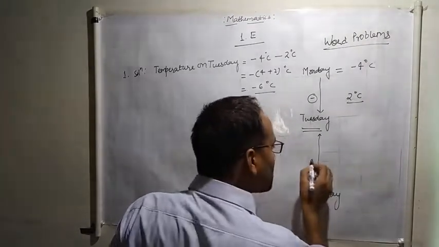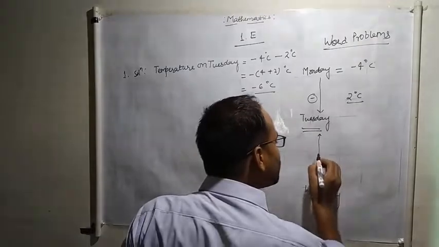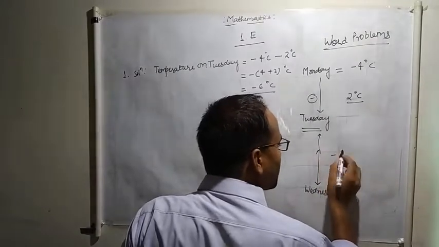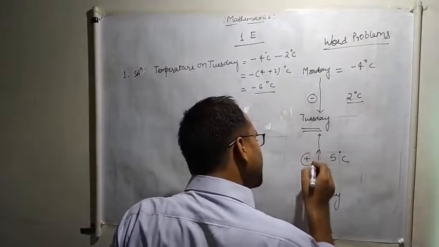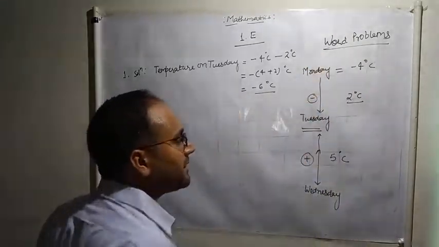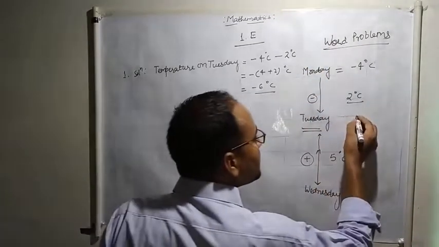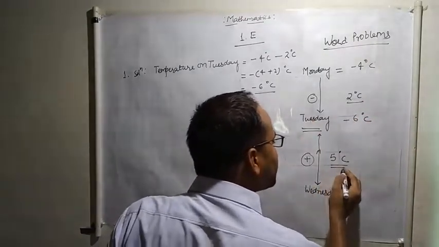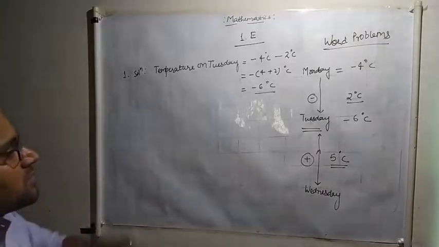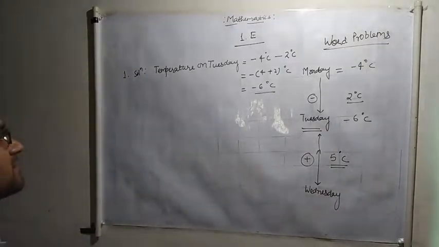Rose up means upside, 5 degree centigrade. On Tuesday it is -6 degree centigrade, and on Wednesday it rose by 5 degree centigrade. So what was the temperature on Wednesday?